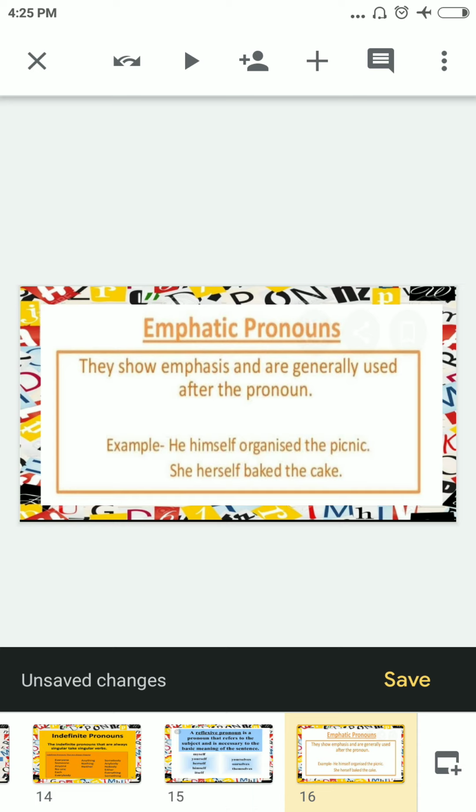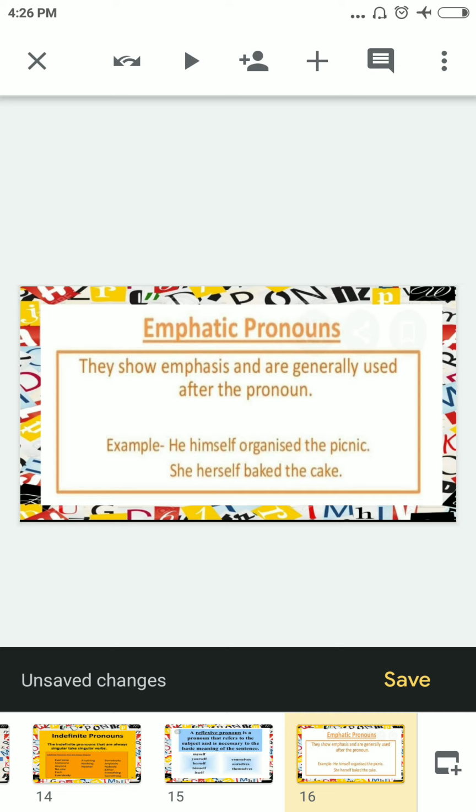Now we can go further with the emphatic pronouns. Which are the emphatic pronouns? They show emphasis and are generally used after the pronoun. Obviously, emphatic means emphasizing something. जब हम किसी चीज़ पे भार देते हैं, किसी चीज़ पे फोर्स करते हैं, दबाव डालना, ठीक है, किसी चीज़ को बहुत ज़्यादा उठाव के साथ प्रेजेंट करना, that is emphatic pronoun. So they show emphasis, and are generally used after the pronoun.